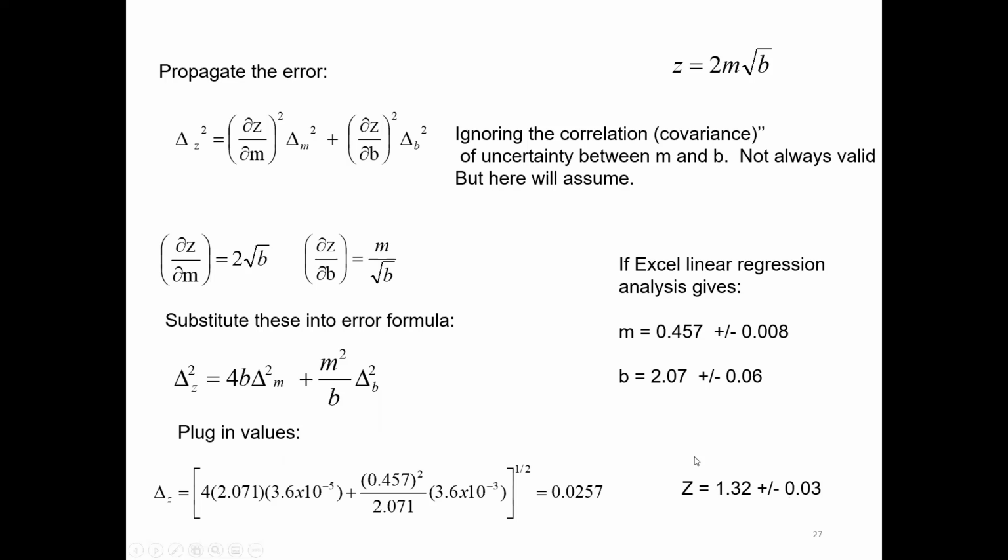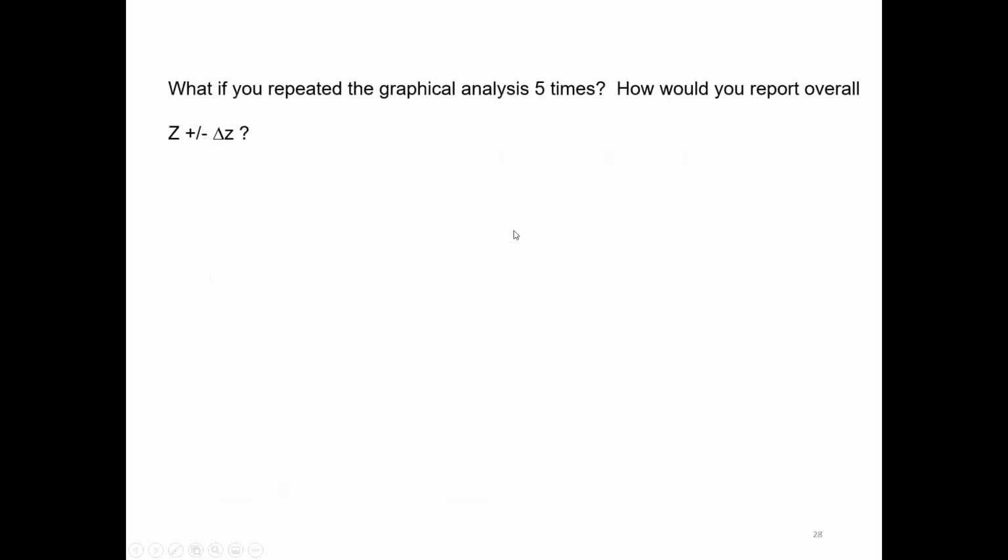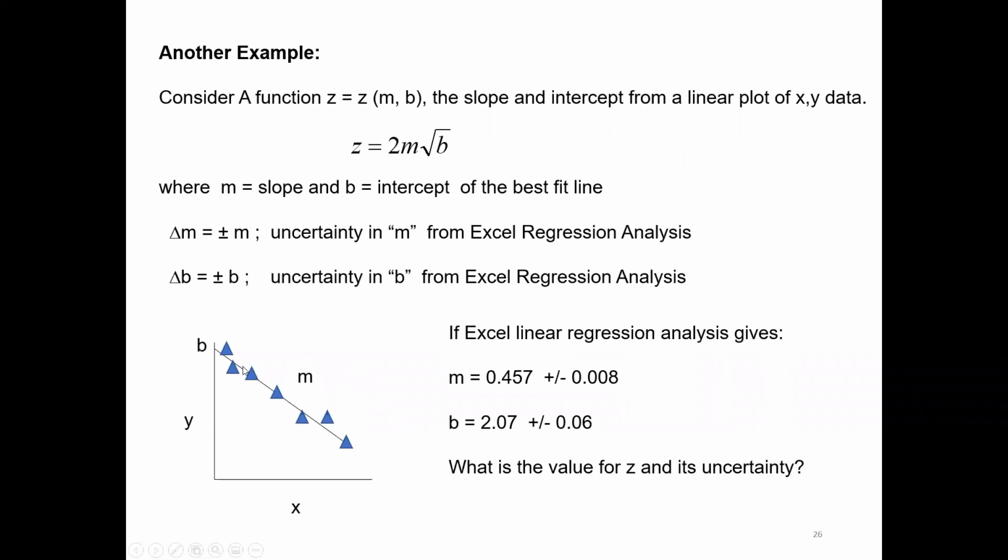It's a single measurement. So you are looking at the representation of a single measurement here because we only have one z value. However, if we repeat the graphical analysis 5 times, meaning we take multiple measurements of the same x and y, we measure them multiple times, 5 times.